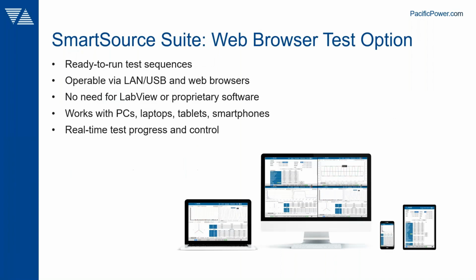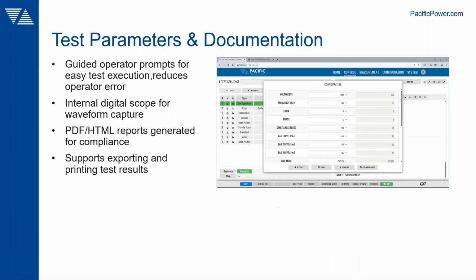It runs in the browser interface, so you have the advantages of the browser functions, over LAN or USB, and you don't need to write your own test software like some users did in the past. It can be operated from the unit, or remotely as needed, and you can monitor it from a distance as well.